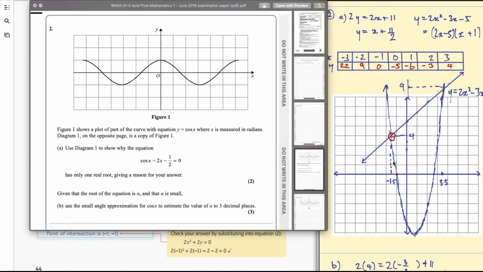And then because you understand this process of solving equations graphically, you can say, well, the solution to that equation, cosine equals 2x plus a half, would be where the cosine graph cuts or intersects with the straight line 2x plus a half. And once you draw that line in, you see there's only one point where they intersect, and then you have your reason for there only being one real root.